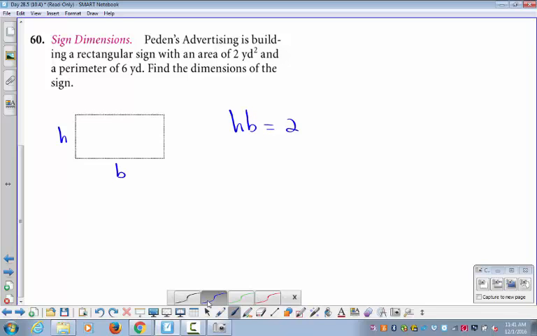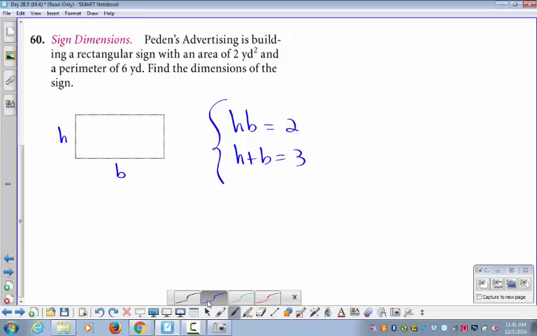We know the perimeter is 6, which means the semi-perimeter is 3. This gives us a nonlinear system. Semi-perimeter is just the sum of 1 base and 1 height. So if the perimeter is 6, then half the perimeter, also called the semi-perimeter, is 3.